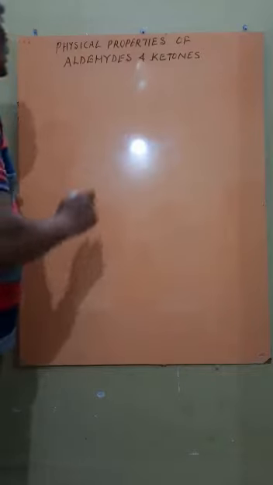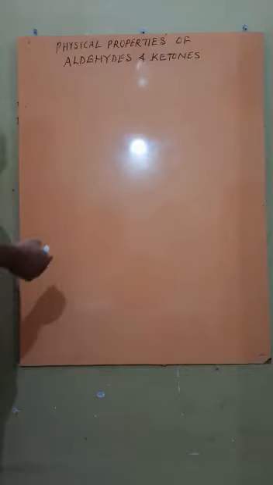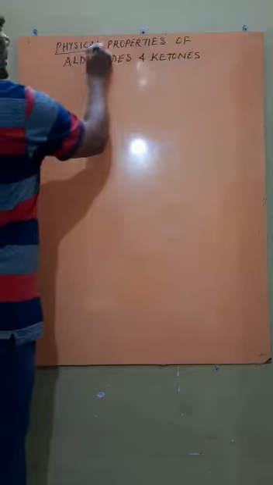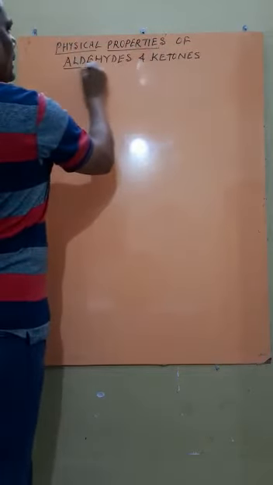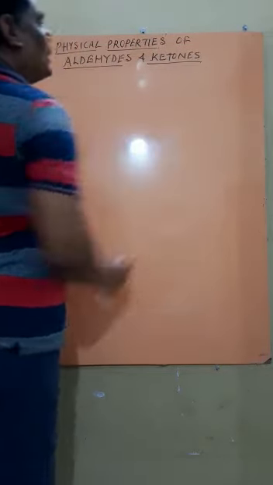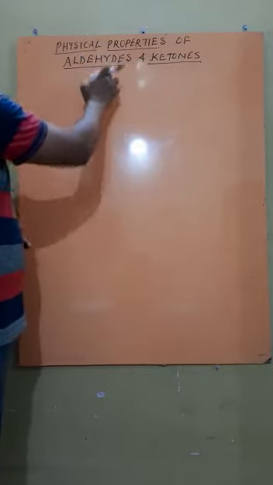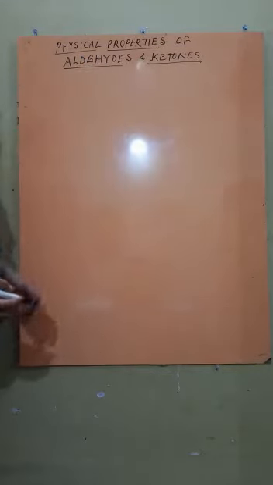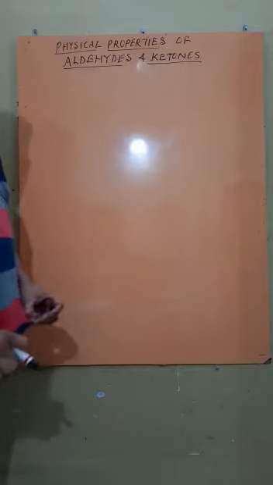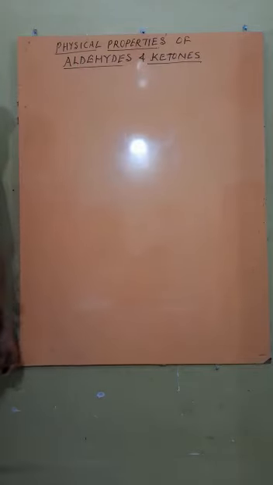Yes, student. Now the next section is physical properties of aldehydes and ketones. Student, again we are dealing simultaneously with aldehydes and ketones physical properties because they have the same functional group, called the carbonyl group.